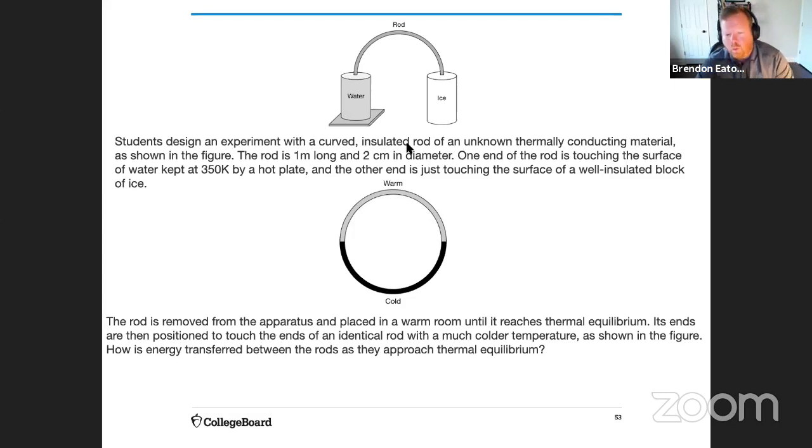Now we know that the molecules inside of the warm rod are vibrating very quickly, and the molecules inside the cold rod are vibrating slower, not nearly as fast as the warm rod. And on average, the slower molecules in the cold rod begin to vibrate faster because of the energy that they're gaining from the warm rod.